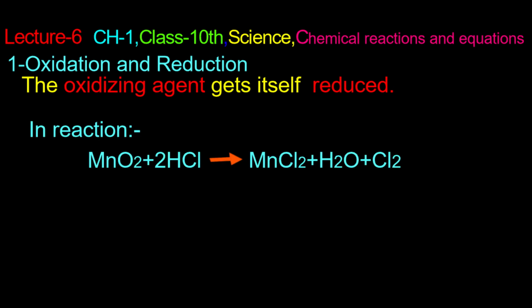In the reaction MnO2 plus 2HCl to produce MnCl2 plus H2O plus Cl2, HCl is the reducing agent that removes oxygen from MnO2 or reduces MnO2 to MnCl2, but HCl itself gets oxidized to Cl2. Similarly, MnO2 is oxidizing agent that oxidizes HCl to Cl2, but itself gets reduced to MnCl2.